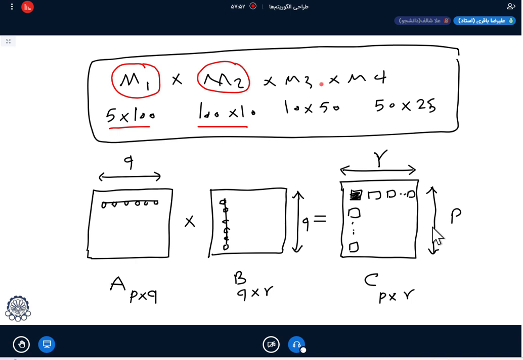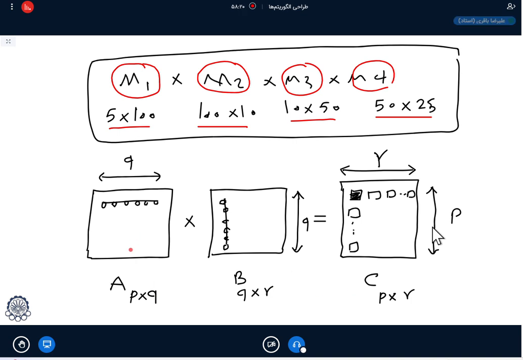This is the input. These matrices are given to us. M3 has 10 rows and 50 columns. M4 has 50 rows and 25 columns. We are going to multiply these.